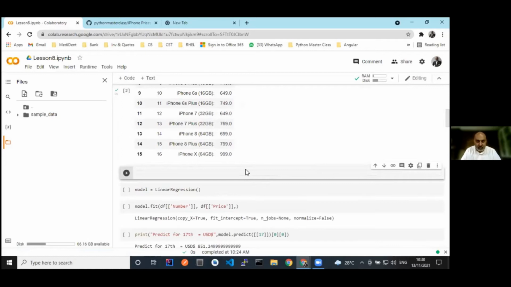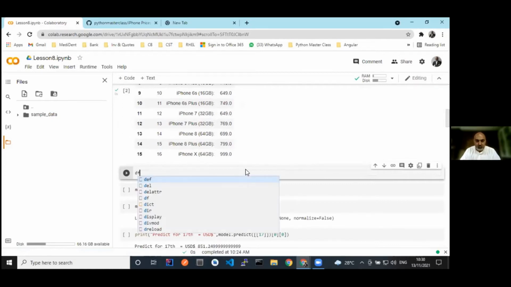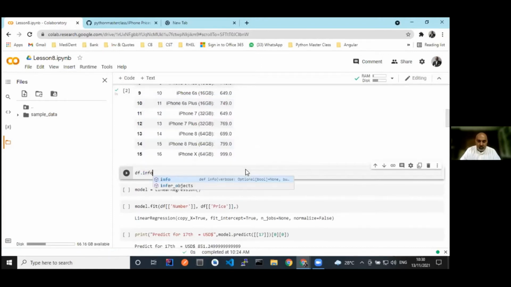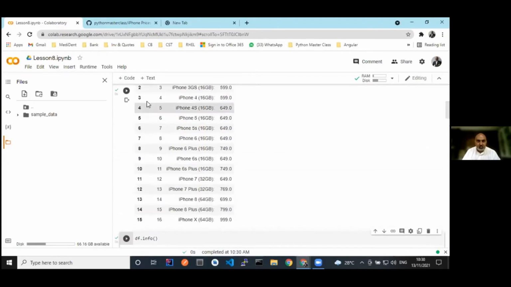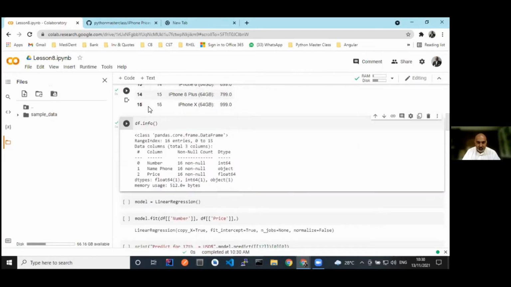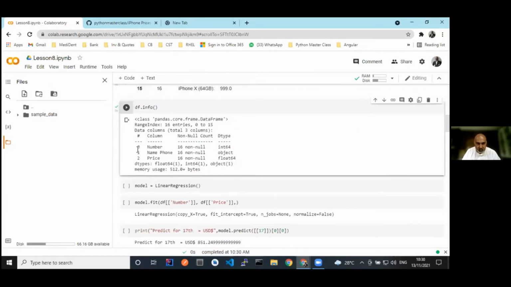You can actually play around. Just put df, as in data frame, dot info. That will print out the information inside the data frame. So we have created this data frame, and now I can see that the first one is a number of type integer 64.